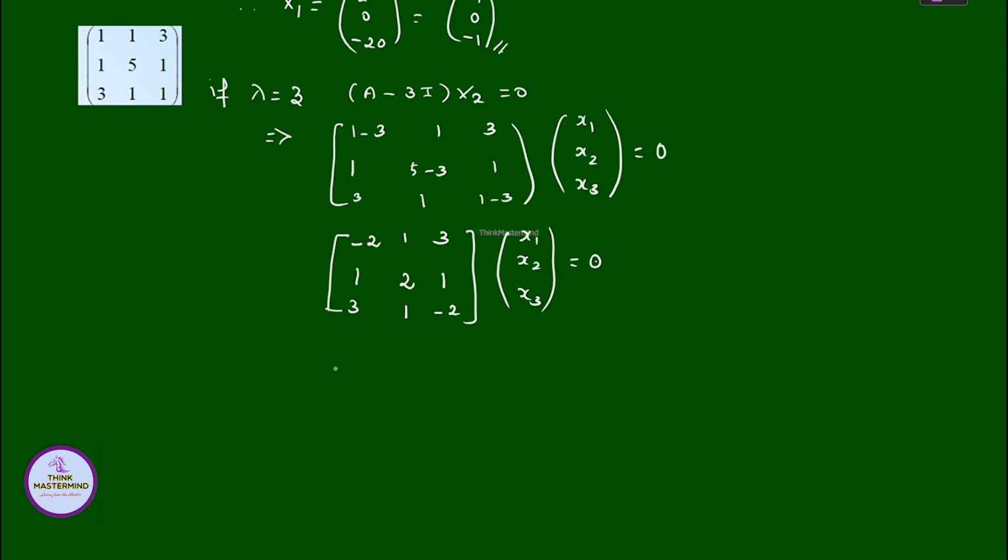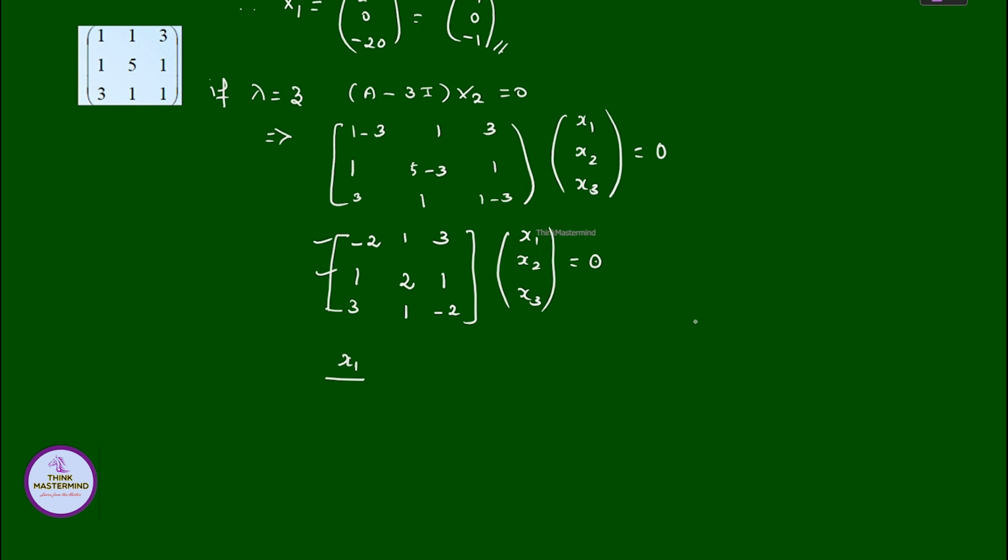Now we are going to find x1. The 3 rows are different, so we take any 2 rows. So here I am taking the first and second. Therefore, the x1 value is, this first column represents the x1 coefficient, the second column represents the x2 coefficient, and the third column represents the x3 coefficient.